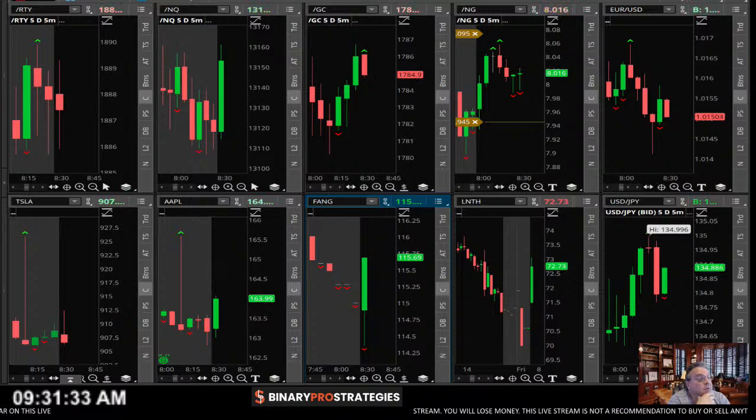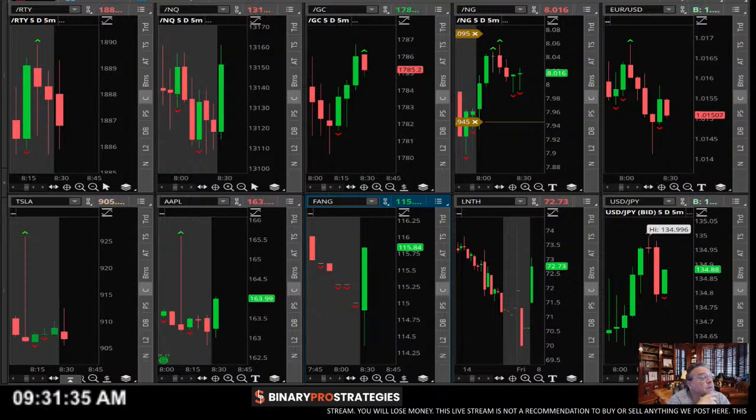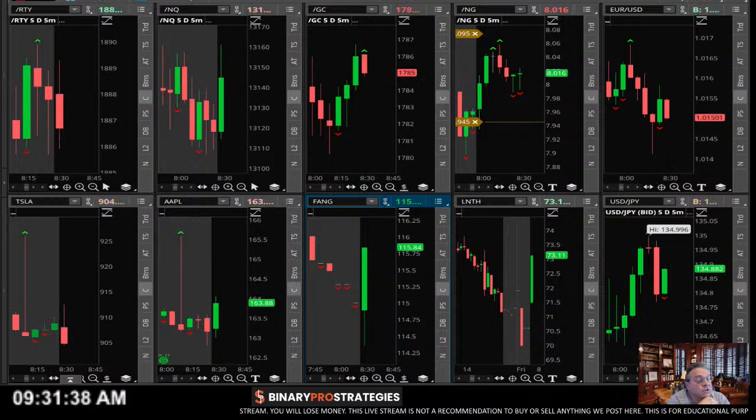Watching a buy possibly coming up on Apple. Watching Apple for a possible buy. It'll get triggered at 164.13.